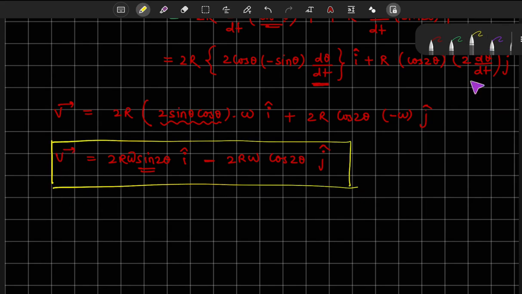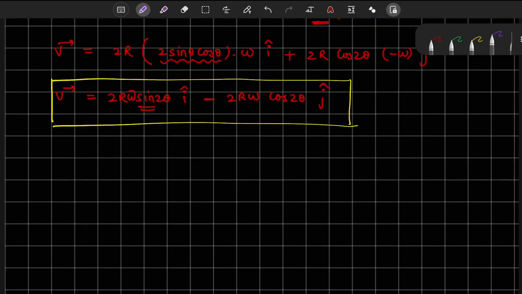Now let us find out the magnitude of this particular velocity vector. So we can write the magnitude is equal to, as both x and y are perpendicular to each other, square root of 2r omega sin 2 theta whole square plus 2r omega cos 2 theta whole square.